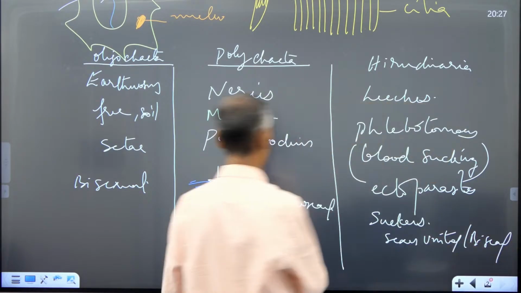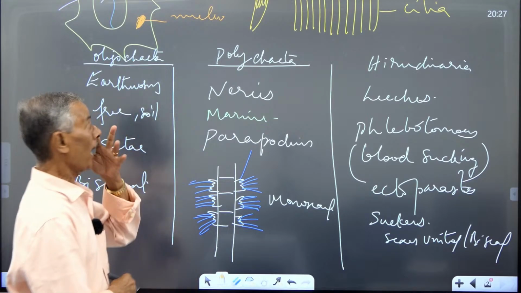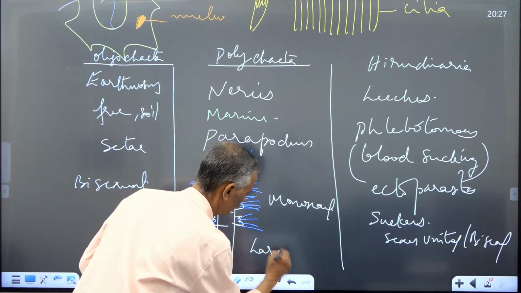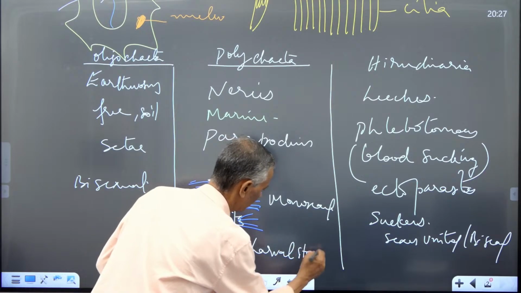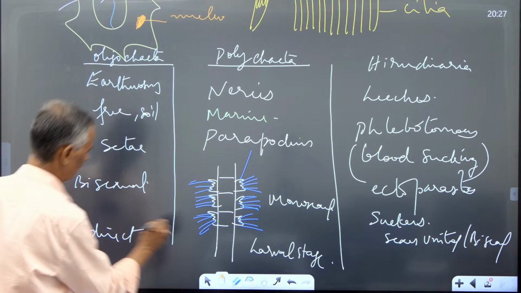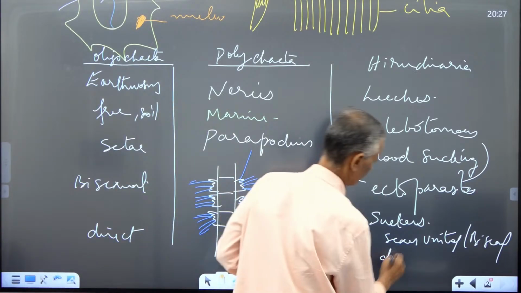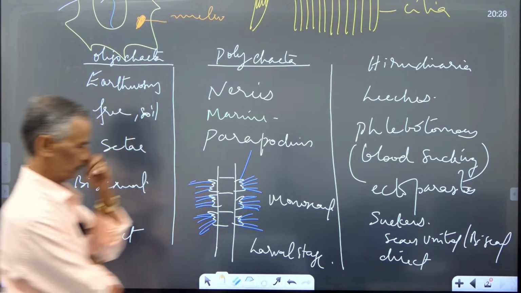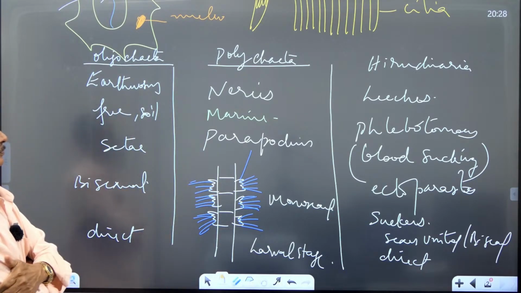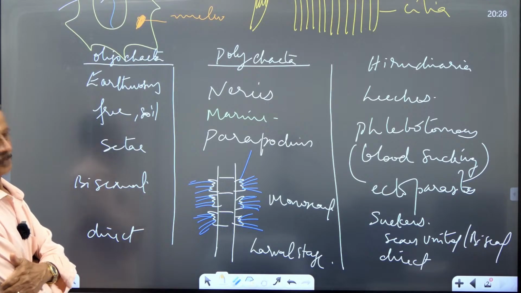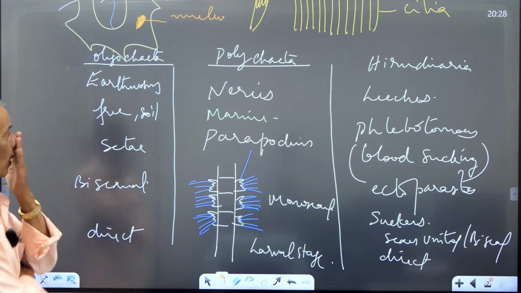And in polychaetes, there is a larva stage during development. Development is indirect. But for the others, development is direct, meaning there is no larva stage for earthworm, leeches, etc.